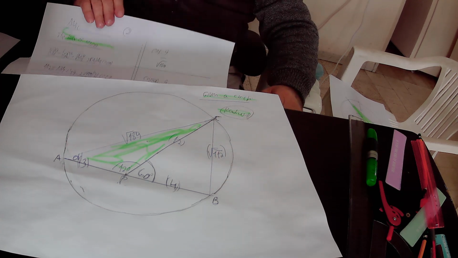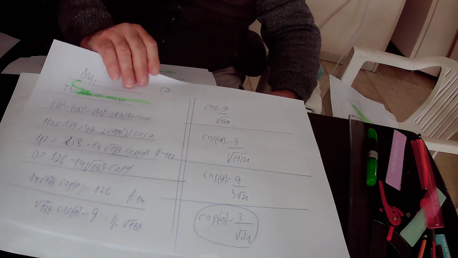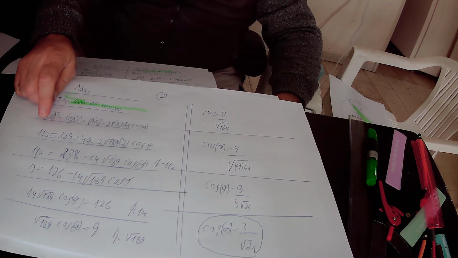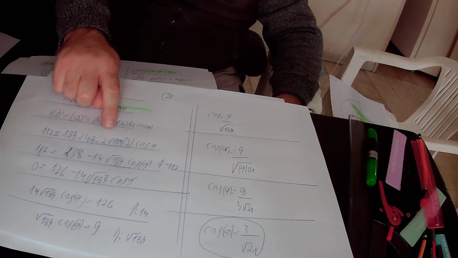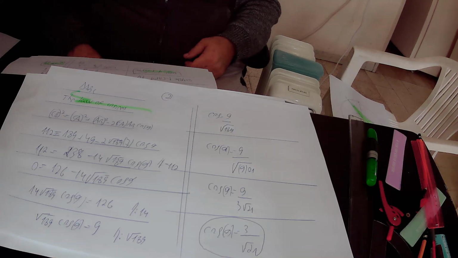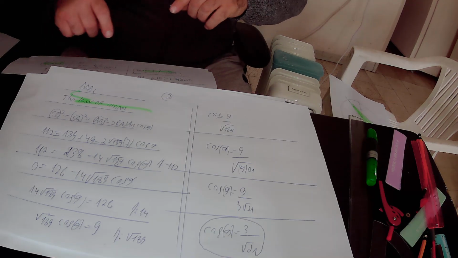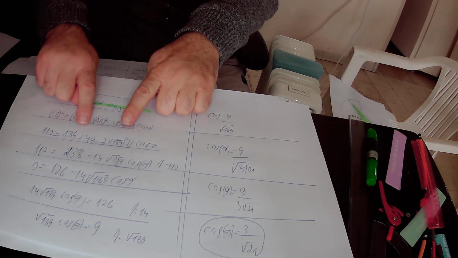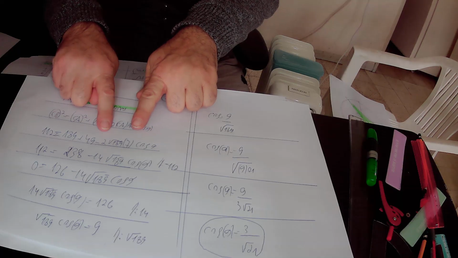So in total, we found out that 112 equals 189 plus 49 minus 2 times the square root of 189 times 7 times cosine alpha. So 112 equals 189 plus 49, which is 238. Here we have minus 2 times 7, which is minus 14.